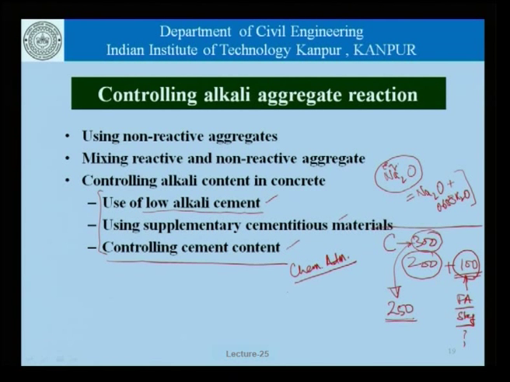That is, we go back a step further and say that if the water demand that I have for a certain workability was 200 kgs and the water cement ratio that we needed was, let us say, 50%, my cement content required there would be 400 kgs.